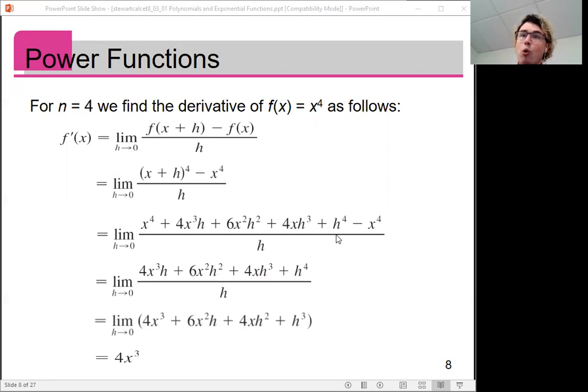I get a degree 4 polynomial, or a quartic polynomial if you like vocabulary today. But after cancellation of my x to the 4th and my negative x to the 4th, everything left has at least one h in it. I'll factor out those h's, and I can cancel with the h in the denominator. What is left but 4x cubed? Okay, I think I'm starting to see a pattern here.